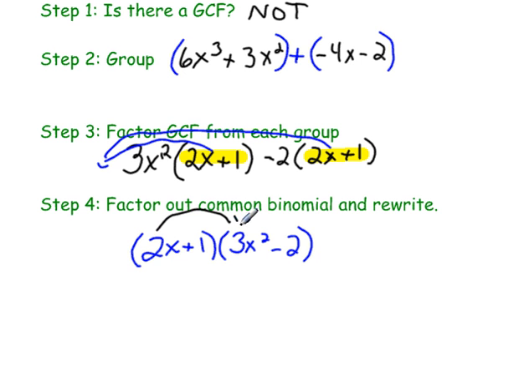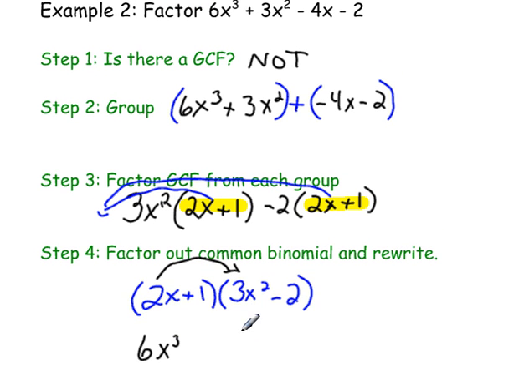First times first is 6x to the third, outside minus 4x, my inside is plus 3x squared, and last times last is minus 2.